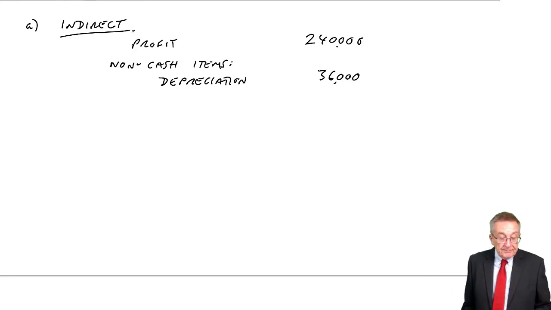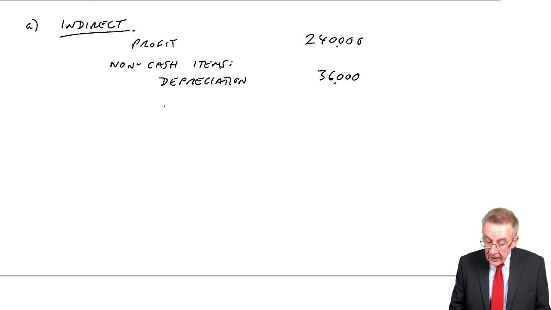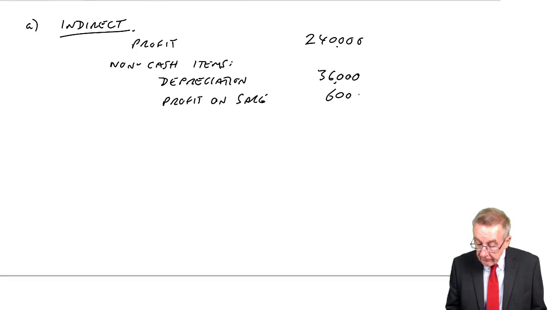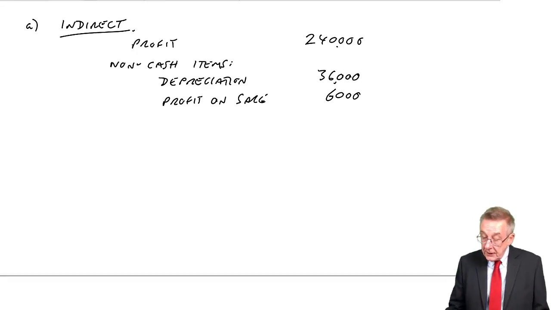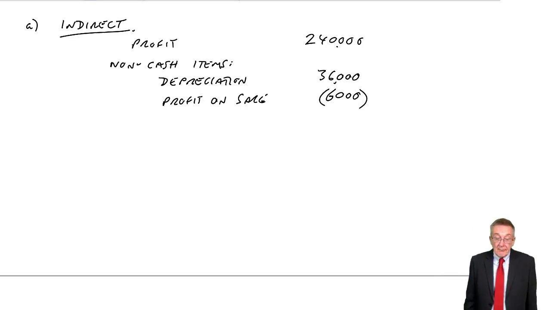Here in note 2, we'd sold an asset for 24. The book value was 18. So there was a profit on sale of 6,000. It was a profit. It's including the profit, we remove it.